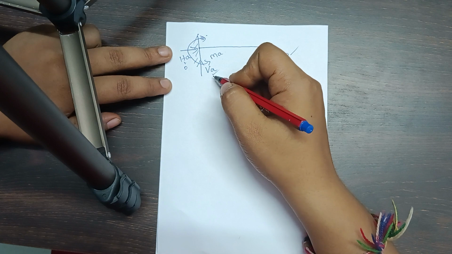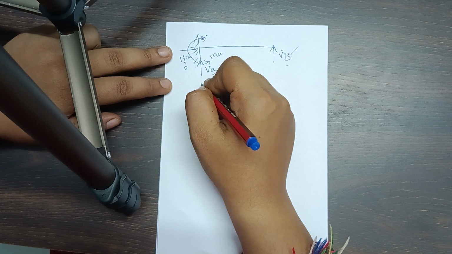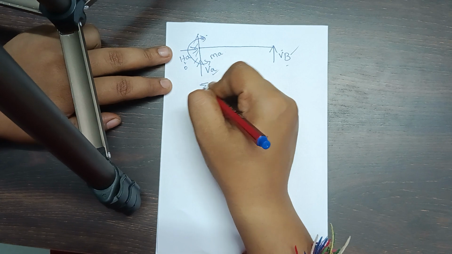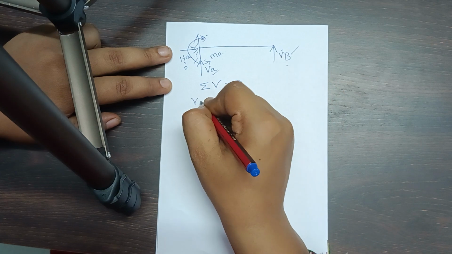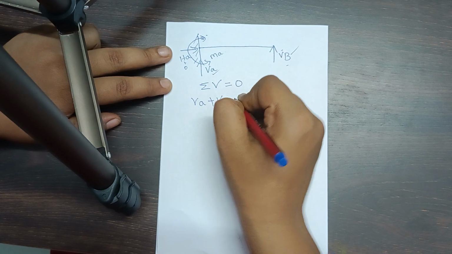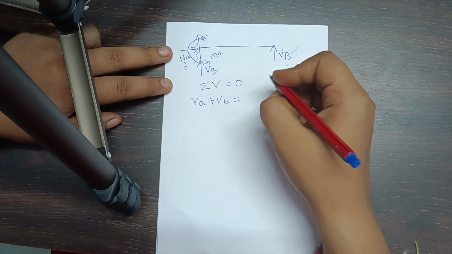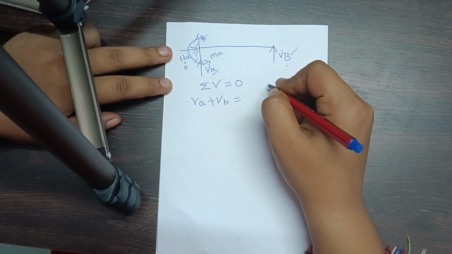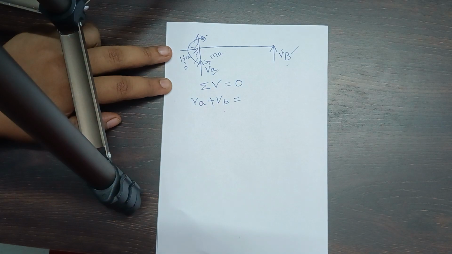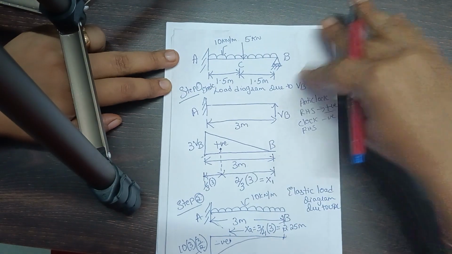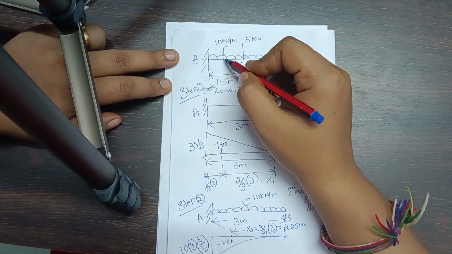VA I can get by using the equilibrium condition, that is the summation of all the vertical forces is equal to 0. Summation of all the upward forces is equal to summation of all the downward forces. So VA plus VB is equal to the downward force, 5, and 10 you have UDL.